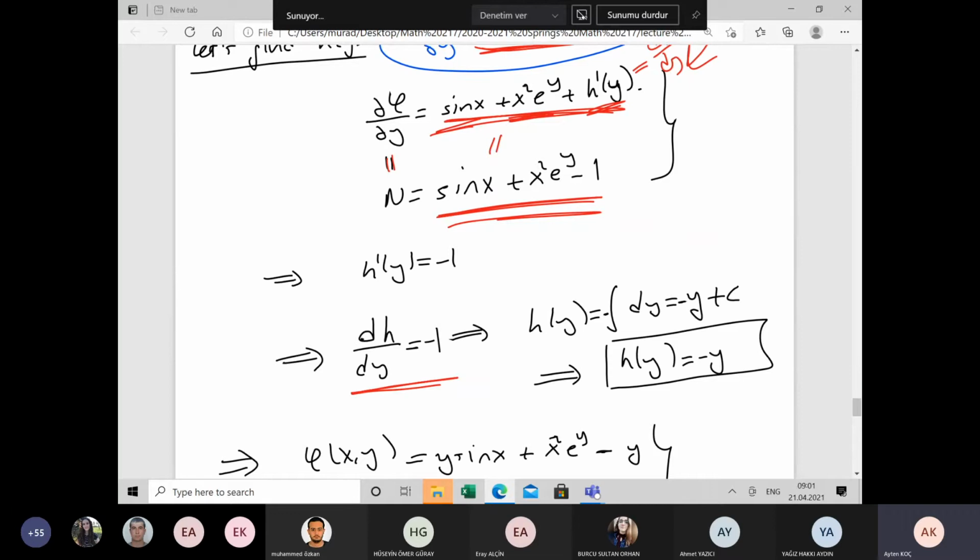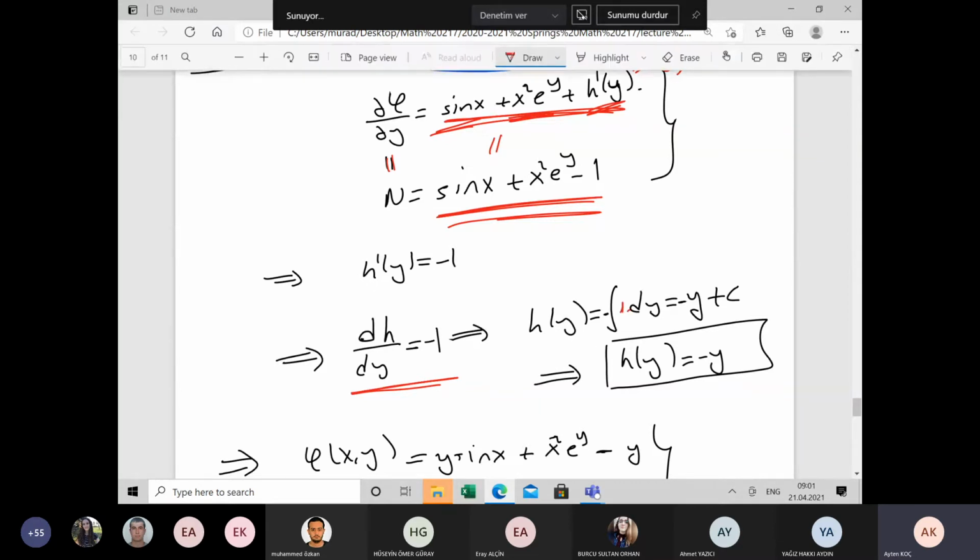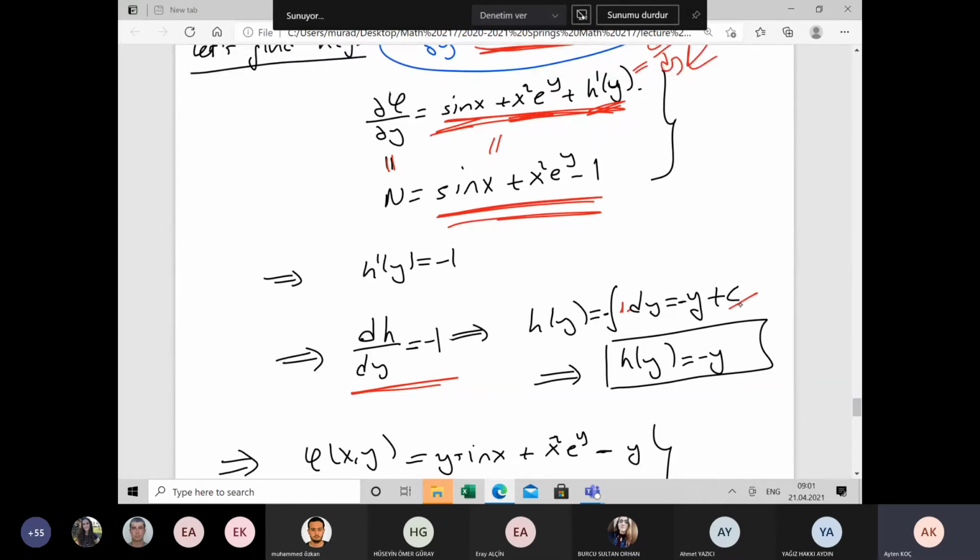How to get h? Rewrite and integrate both sides, and we obtain h of y, minus 1 times this one, minus y, plus the integration constant c. We obtain h of y, but we ignore c here, because we write the phi.